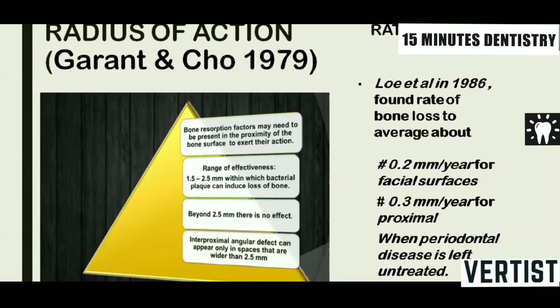Over the years they found that 0.2 mm was the bone loss which took place on the facial surface, and 0.3 mm per year the bone loss took place on proximal surfaces. That is why you must ask the patient to maintain oral hygiene so that we can prevent the bone loss.